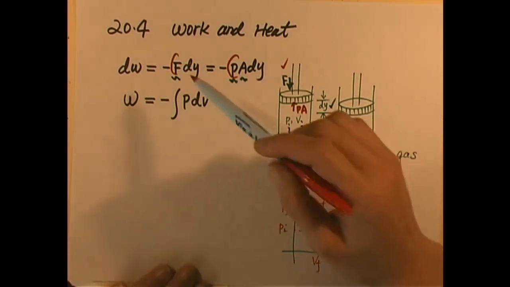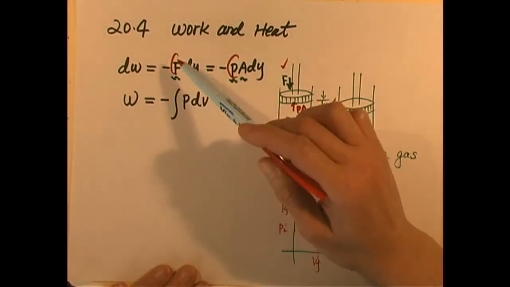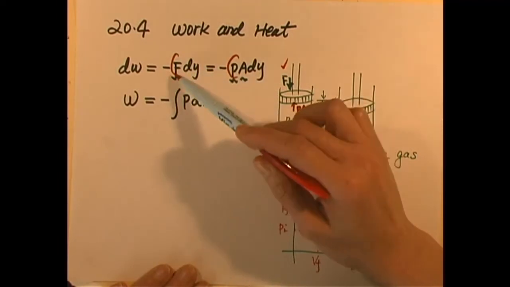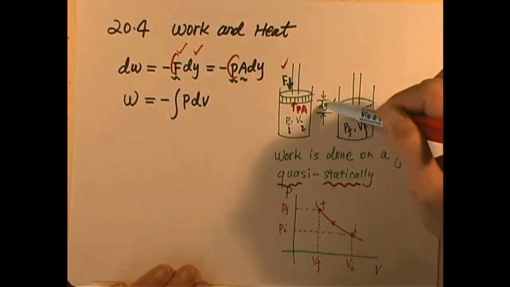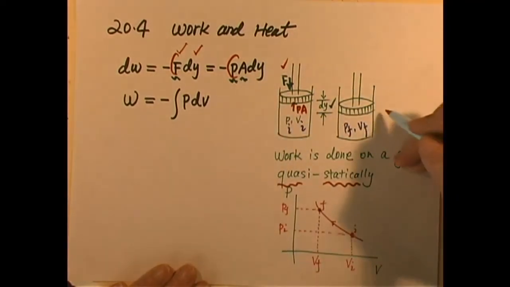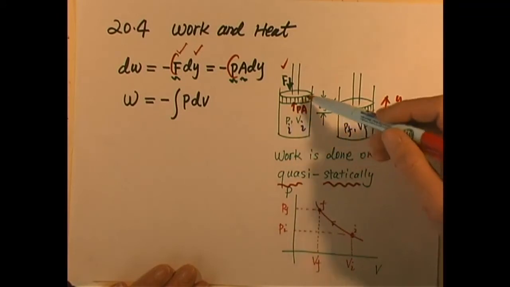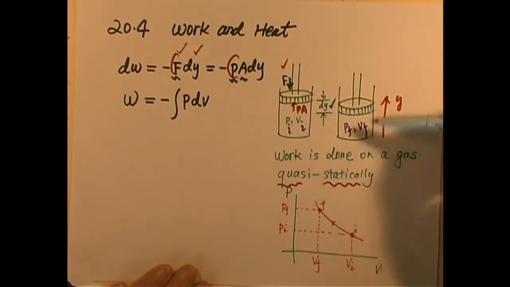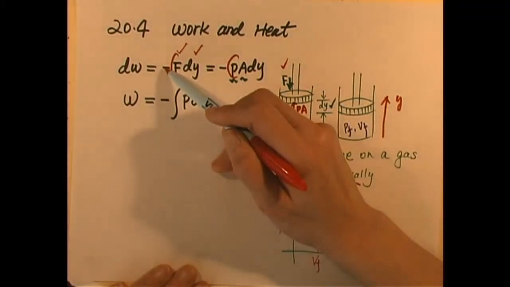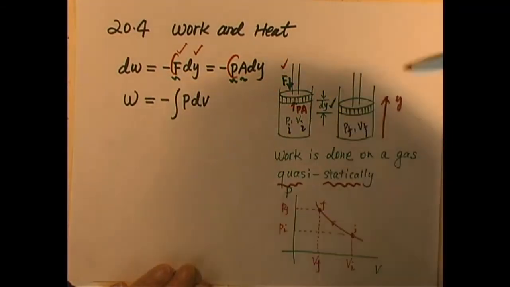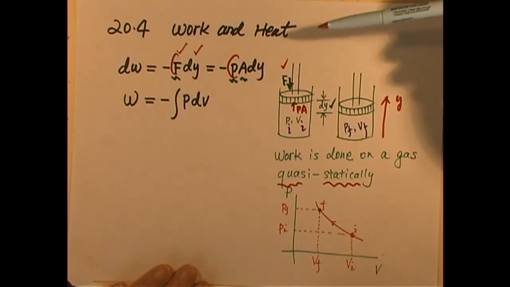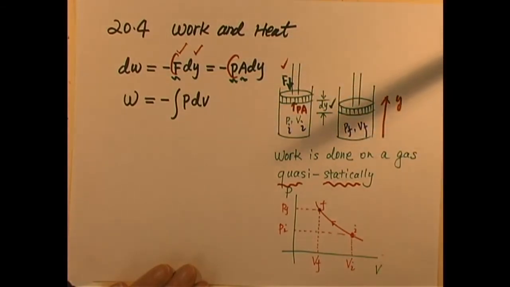So why is the work done negative? Actually, work done is force times displacement, but now dy is negative, because if this is the y direction, initially we're at the higher place, now we go to a lower place, so dy is negative. By adding a negative sign, negative dy becomes positive. So the work done by the outside force on the system is positive.